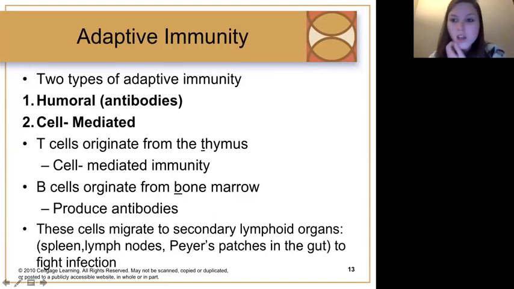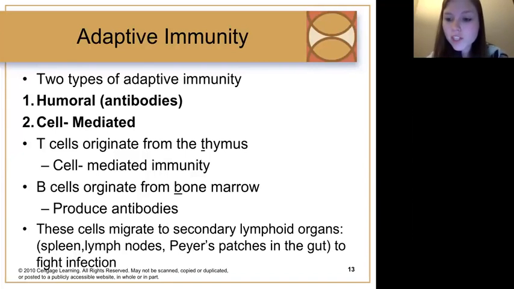So like I said, the innate immune response will be the first response, and it's non-specific, and if it is serious enough that the innate immune system cannot deal with it, the innate immune system needs help. That's when this second system comes into play, and that's your adaptive immunity. There are two types of adaptive immunity.